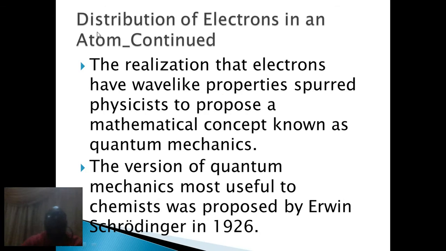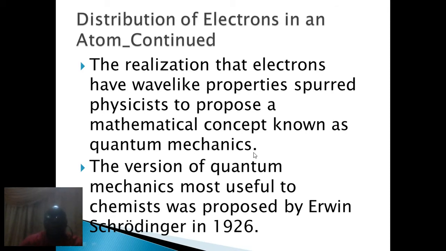Let's continue. Distribution of electrons in an atom. The realization that electrons have wave-like properties encouraged physicists to propose a mathematical concept known as quantum mechanics for atomic structure. Now, the version of quantum mechanics most useful to chemists was proposed by Erwin Schrödinger in 1926.